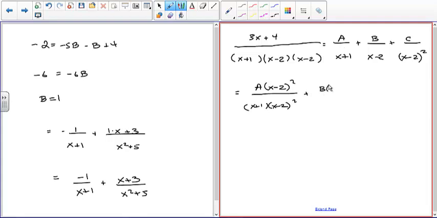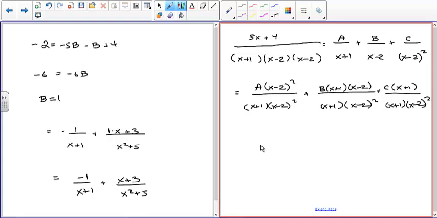Constant b, you're going to need x plus 1 and x minus 2 divided by x plus 1 times x minus 2 squared. So these cancel out, and one of those cancels out, and that gets you back to here. And then finally, this one's already squared, so all we have to do is multiply by x plus 1 in both the numerator and the denominator, like that.